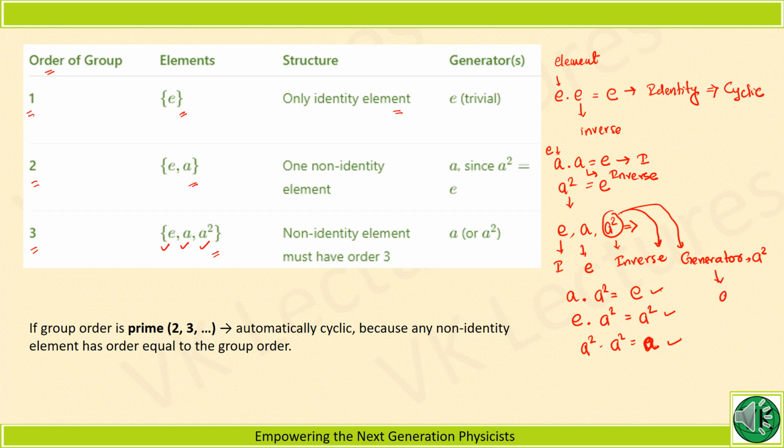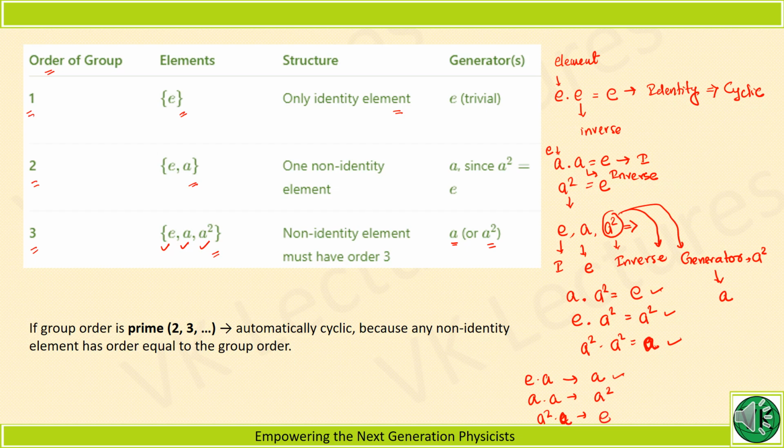Further, a is also a generator. a or a square is the generator. How is a a generator? e into a gives you a. Now a into a gives you a square. Now a square into a gives you e.